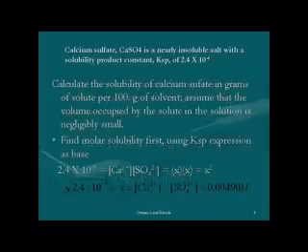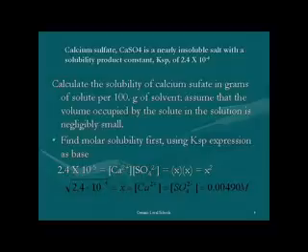Continuing with our examination of calcium sulfate, we want to calculate the solubility of calcium sulfate in grams of solute per 100 grams of solvent. We're going to assume that the volume occupied by the solute in the solution is negligibly small. So we'll find the molar solubility first using the KSP expression as the base.